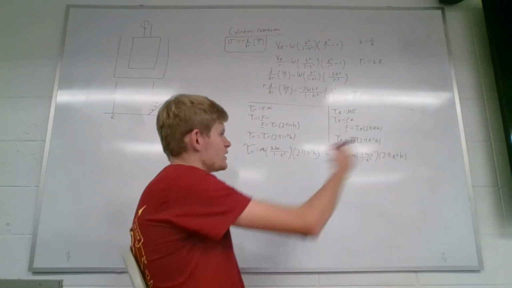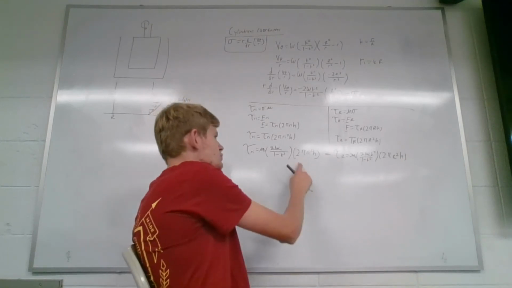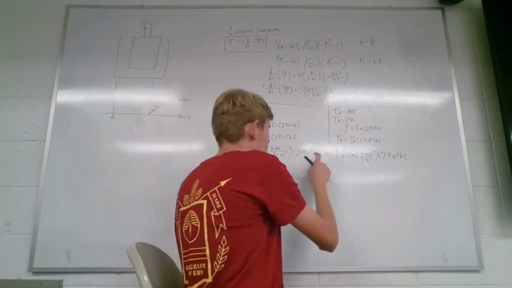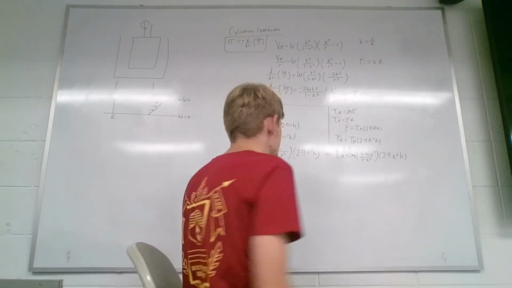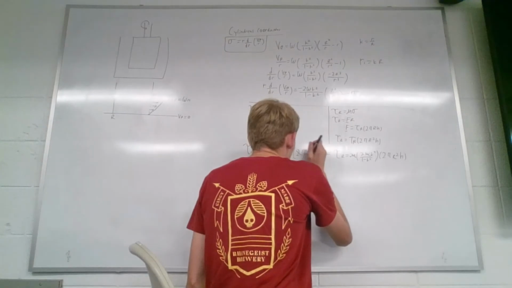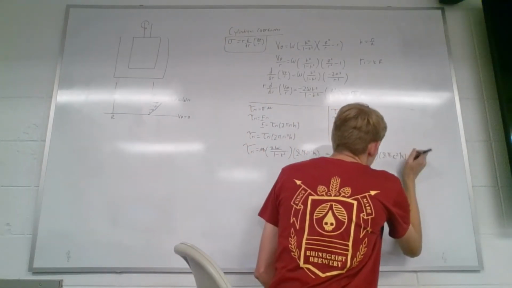And then we can go to our area and see what is common. We can see that our 2, our pi, and our height are all equal terms that we can then cancel out. So we're going to say 2 pi h, 2 pi h.